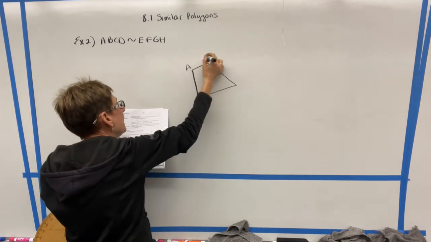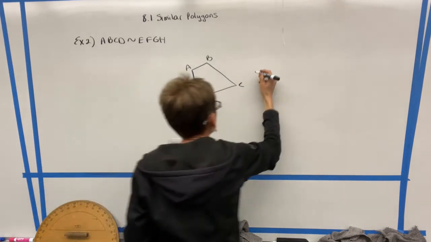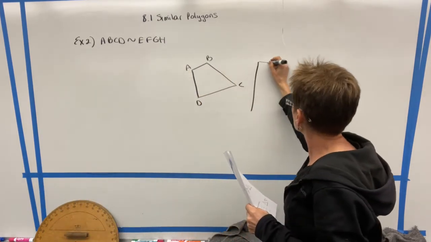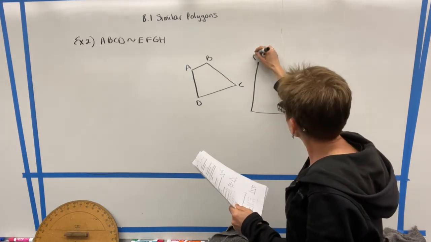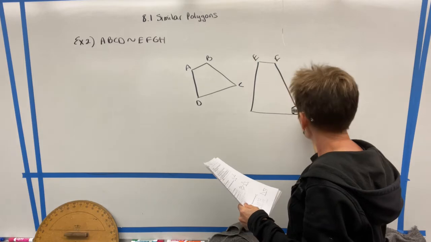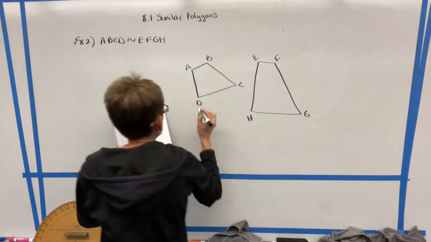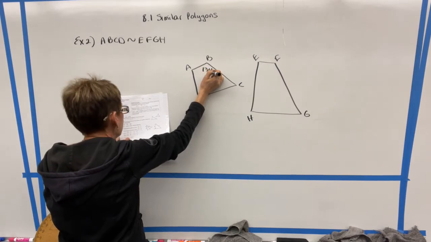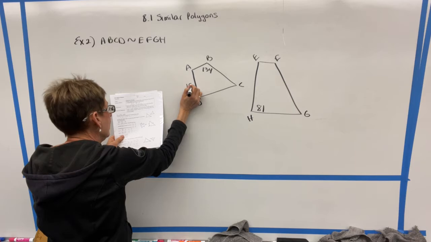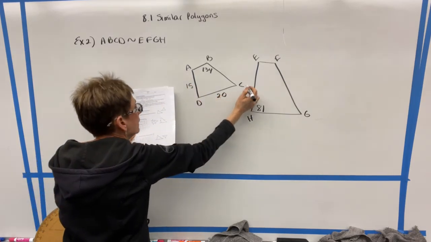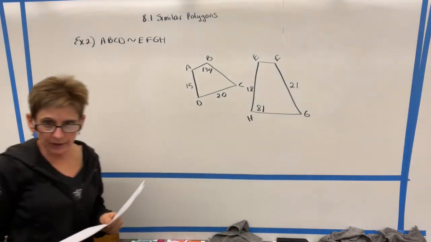So this is A, B, C, D. And then over here, I will draw a larger one. E, F, G, and H. Then I'm going to go ahead and label some of the angles and also label some of the sides. And then we'll start answering the question.